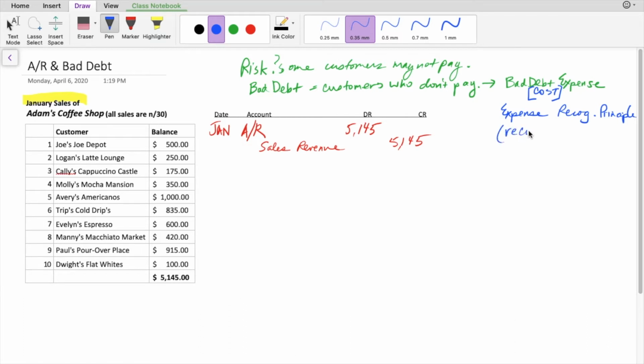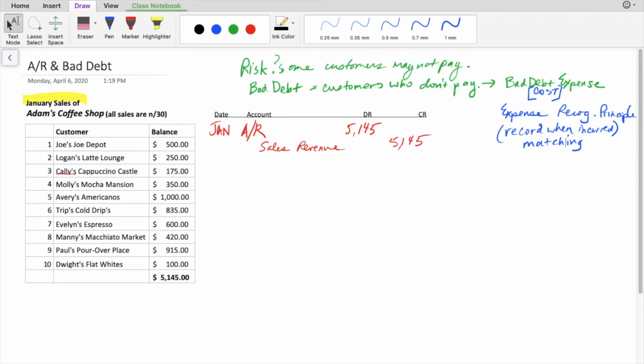That means record when incurred. This is also what we refer to as the matching principle. So when do I incur the cost related to my January sales? Well, I actually incur the cost related to my January sales when I make those sales to those customers.